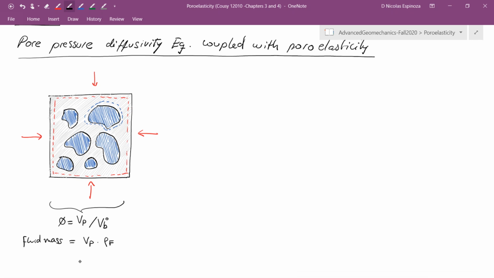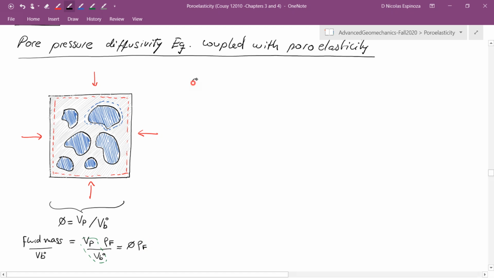So in this case, if we just divide this by the bulk volume, what I get from here is that this is going to be just the porosity. And therefore, the amount of fluid in terms of mass per unit of volume is porosity times the density of the fluid. Okay, so let's use this definition in order to start deriving our equations.